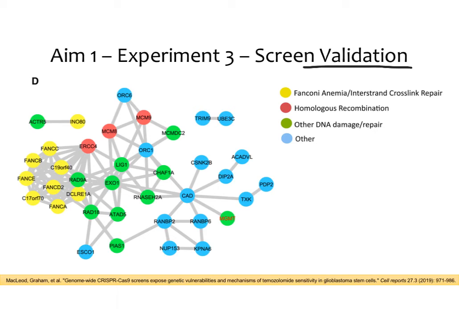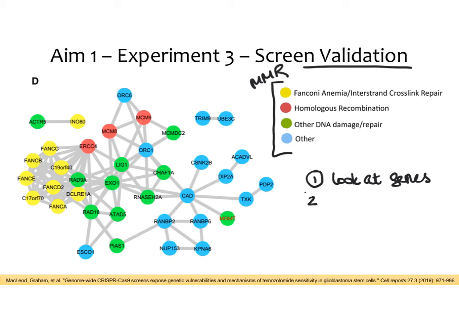So for this, you can see that they found a number of different mismatch repair pathways or DNA damage repair pathways. And that is logical with what other screens have shown for TMZ susceptibility genes, that it tends to be a number of mismatch repair pathways. Other things you could do at this point would be to look at the genes themselves that you found and validate by looking at other similar screens and see if they found similar things.